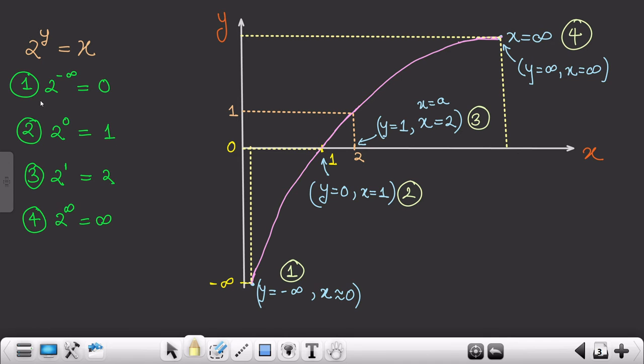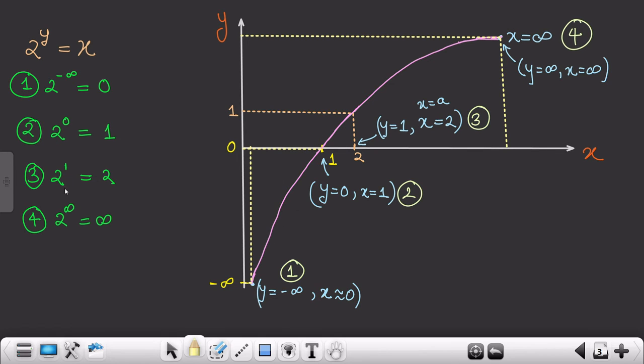We are moving towards the software part, and there you would be seeing this in a much more detailed way, correct? As you can see over here, we had indicated 1, 2, 3 and 4 points. The first point is basically 2 raised to minus infinity. That means when we put the value of y as minus infinity, we are getting x as 0. And if we put y as 0, we are getting 1, okay? So we connected these two dots.